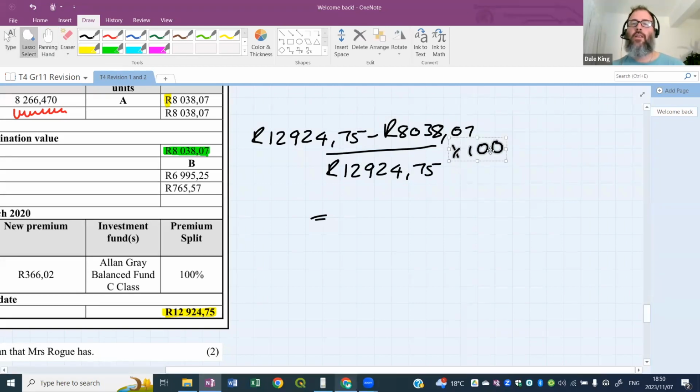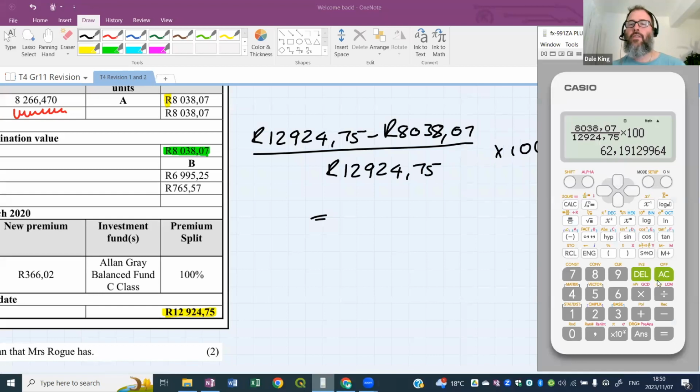So what we're going to do with that answer is take this 4,000 that we just calculated, and divide it by the 12,924 rand and 75 cent, and multiply that one by 100, and then it will give us the percentage that they said they want. Yes, let's try it out. Absolutely. So that's why I asked him, how much did it change?